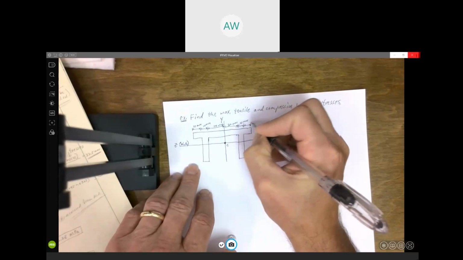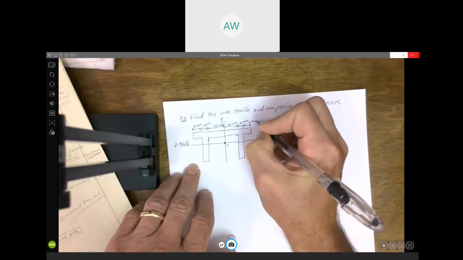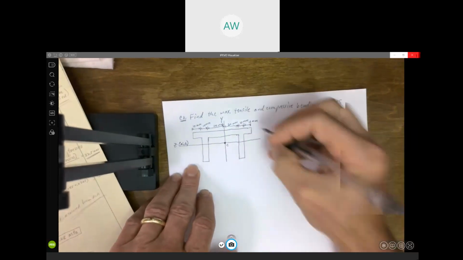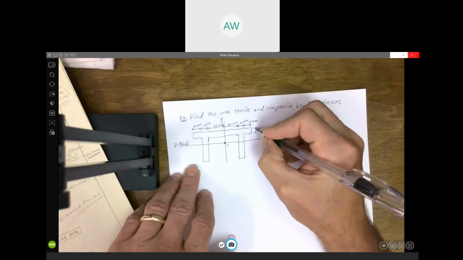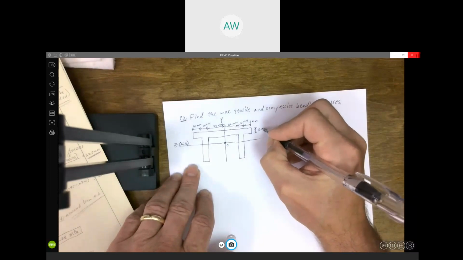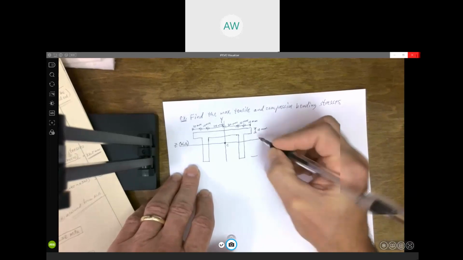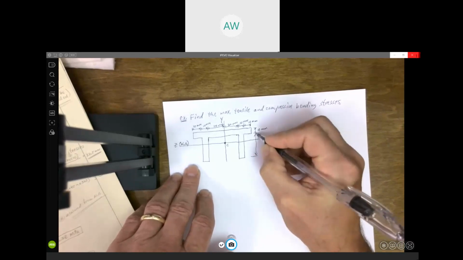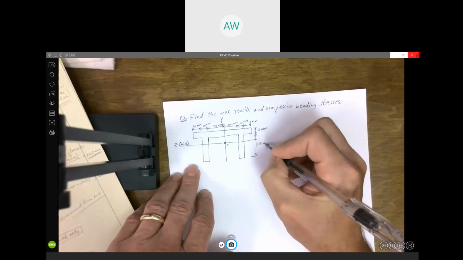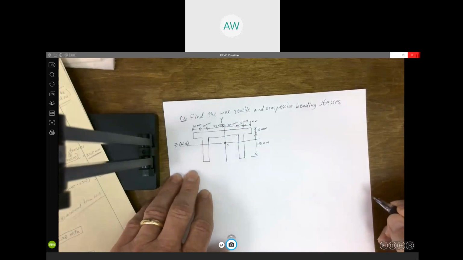And this is 10. This top flange up here is 10 millimeters. And here to the bottom is 40 millimeters. And let's see, I think maybe it's all the dimensions we have. We'll find out in a minute if I left one off.